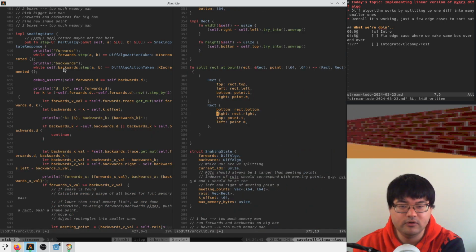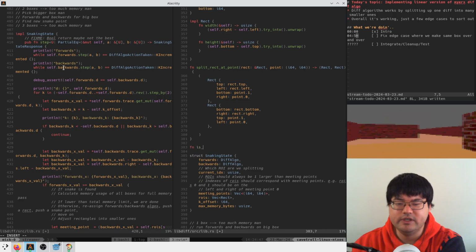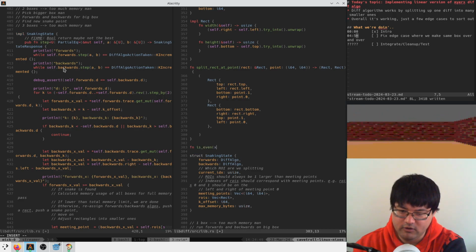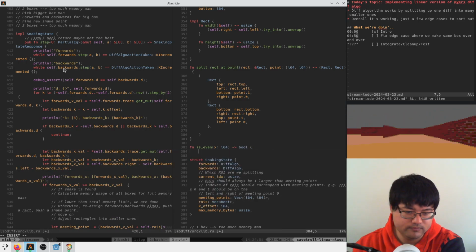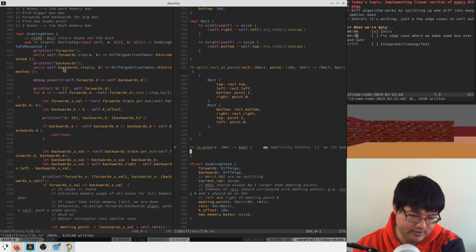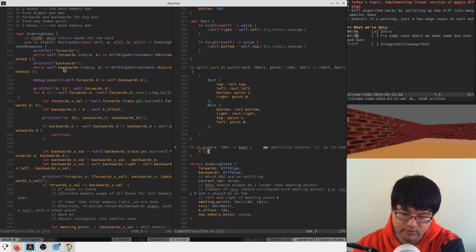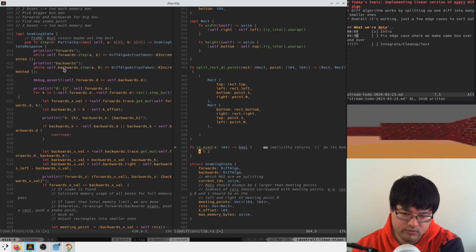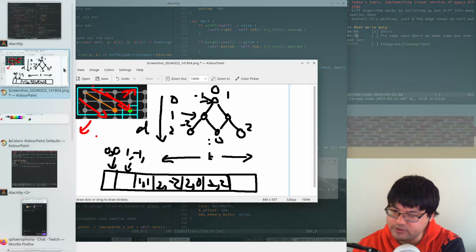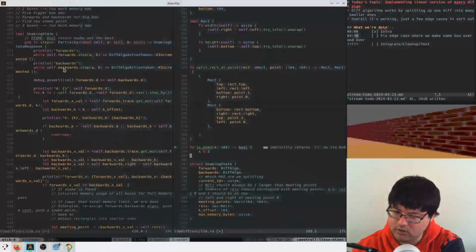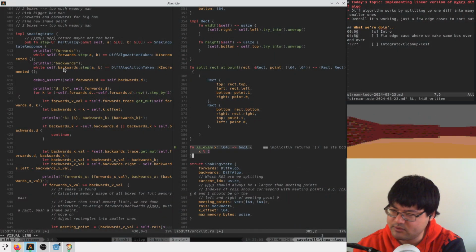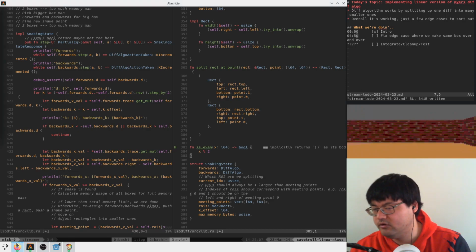That seems reasonable. It takes in a value, an i64, and returns a bool. And we say x%2. Does the modulo operator... How does modulo interact with negatives?